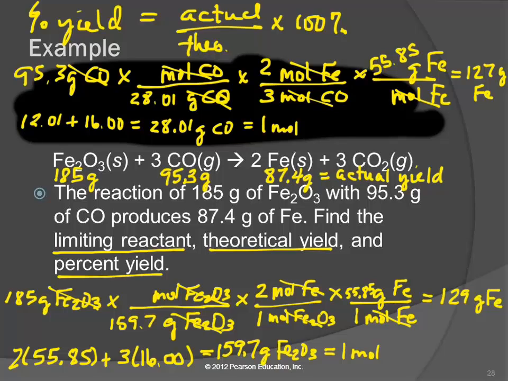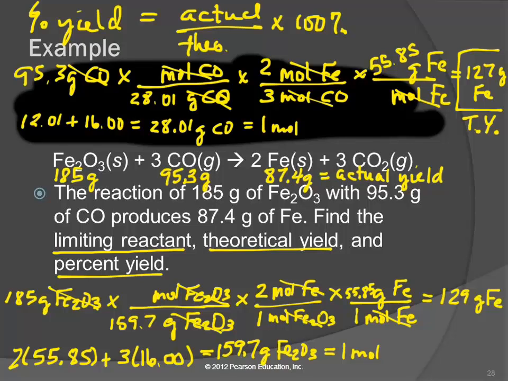Those numbers are really close, aren't they? 127 and 129. We haven't seen numbers that have come that close. So these amounts are actually pretty close to right on, but 127 is smaller than 129. So this is the theoretical yield.